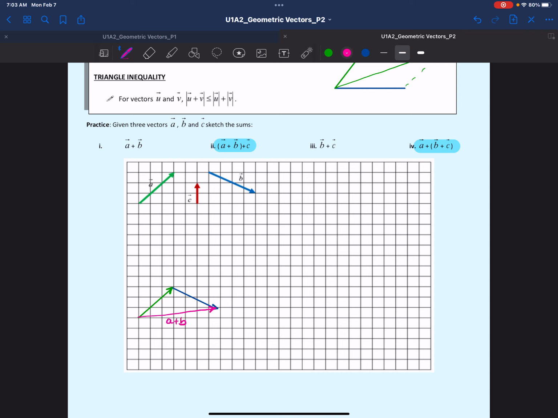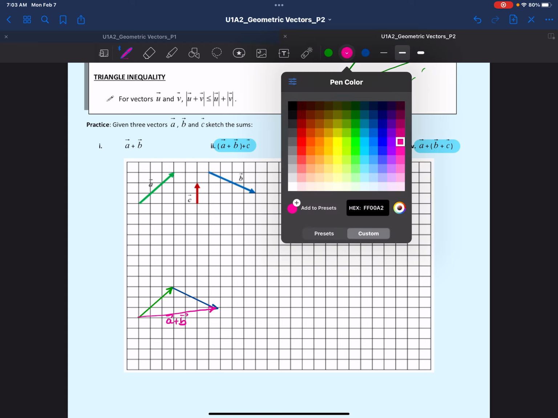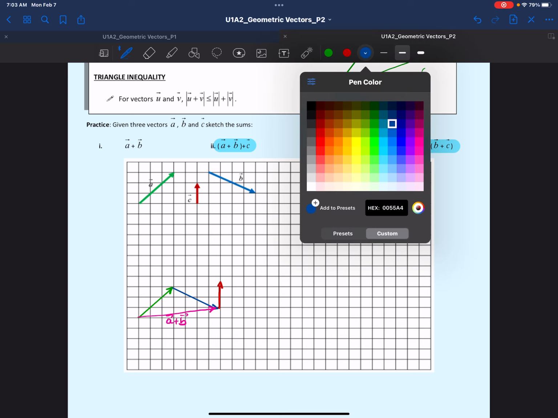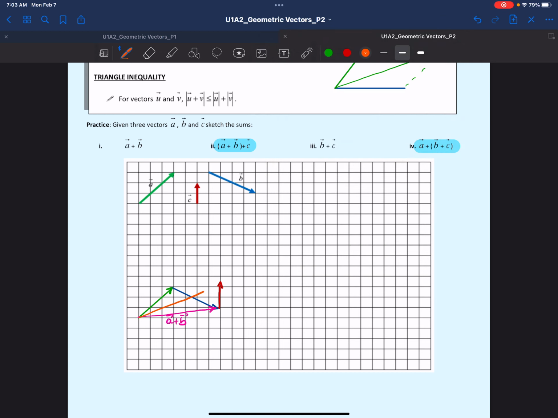Now if on a plus b we add the vector c, which is 2 units, then the resultant, I'm going to make it orange, will be a plus b plus c.